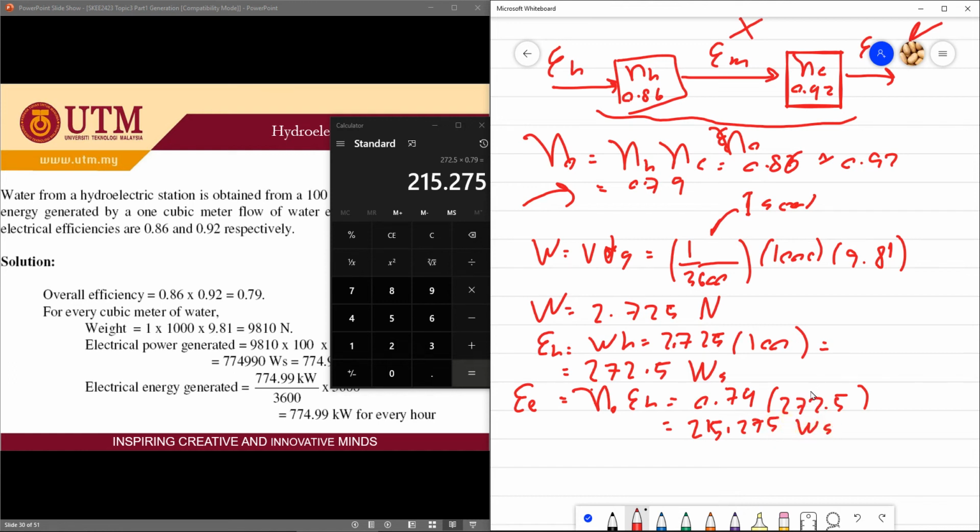For water you use watt second, but for electrical energy we use kilowatt hour.